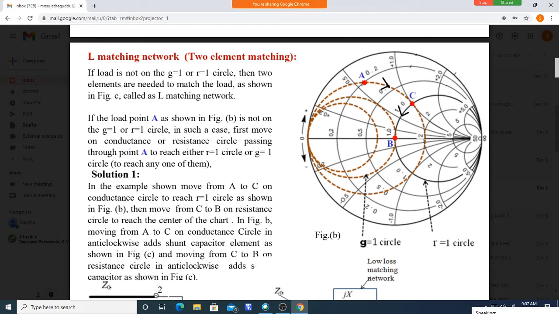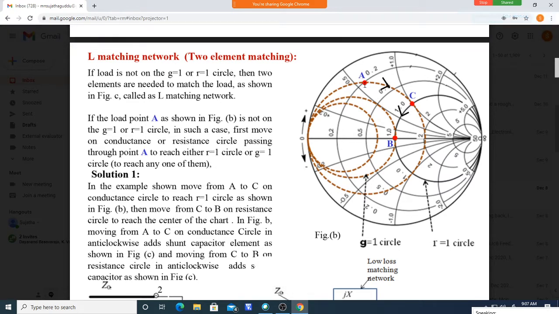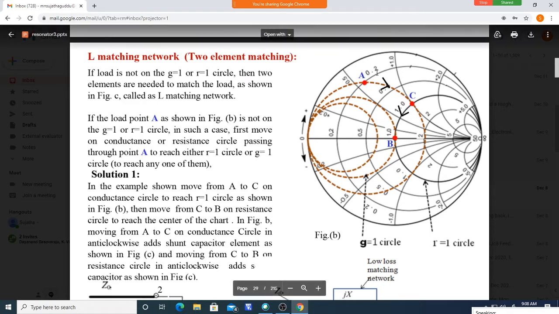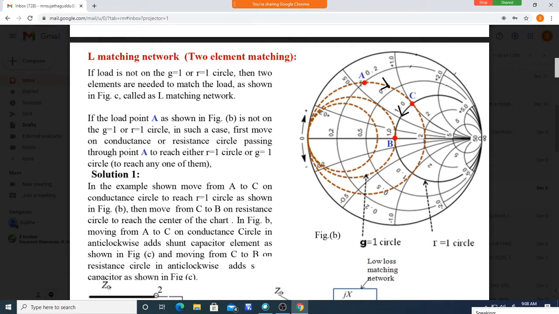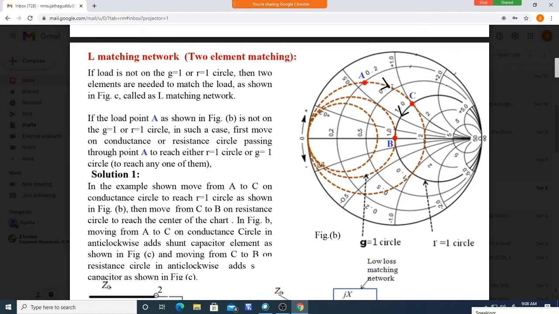Next, this load value you should change by adding a capacitor or inductor in series or shunt. To add those values, you have to move on a conductance circle passing through the point or a resistance circle passing through the point. You must be careful about this. You should take only the circles, a resistance circle like this or a conductance circle like this.